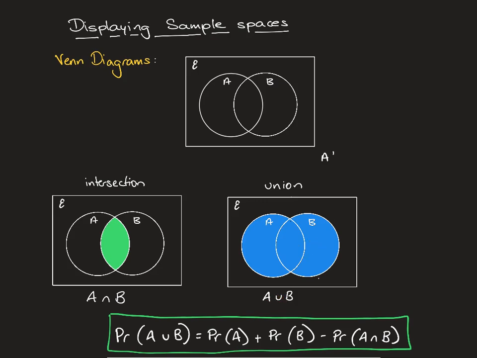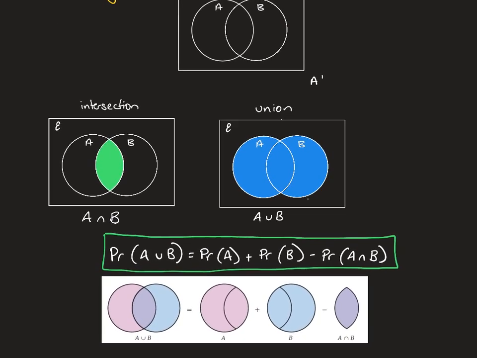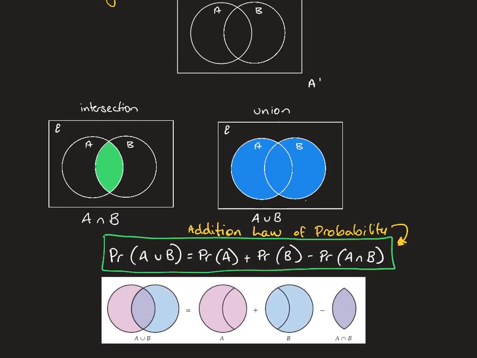From the Venn diagram, we can see that if we wanted to find the union of A and B, we can do that using our probabilities for A and probabilities for B, and the probability of the intersection in between. To do that, we use what's called the addition law of probability.